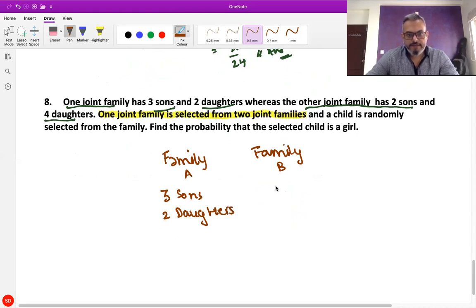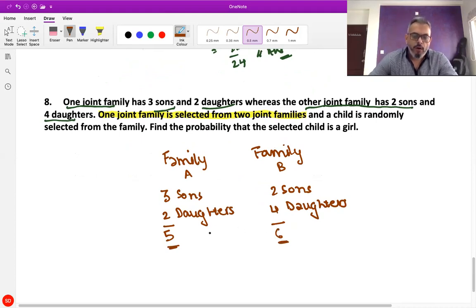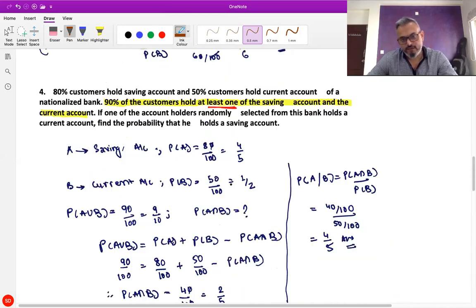And family B में, there are 2 sons and 4 daughters. So total there are 5 kids and here there are 6 kids. But over here, the question is different from the previous question.